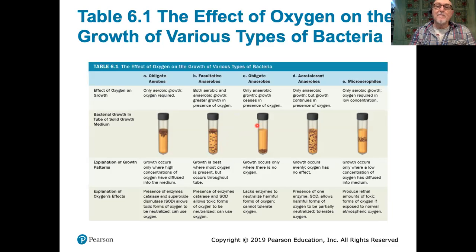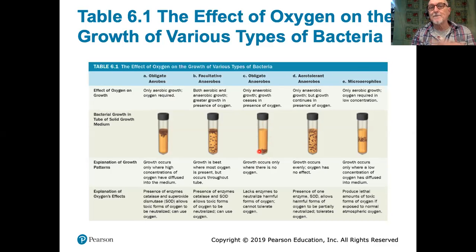There are some prokaryotes which are obligate anaerobes. They positively require the absence of oxygen. They are totally intolerant of the presence of oxygen. In a tube like this, they will only grow at the very bottom where it's absolutely, completely anaerobic. These organisms are often extremely fastidious about oxygen.